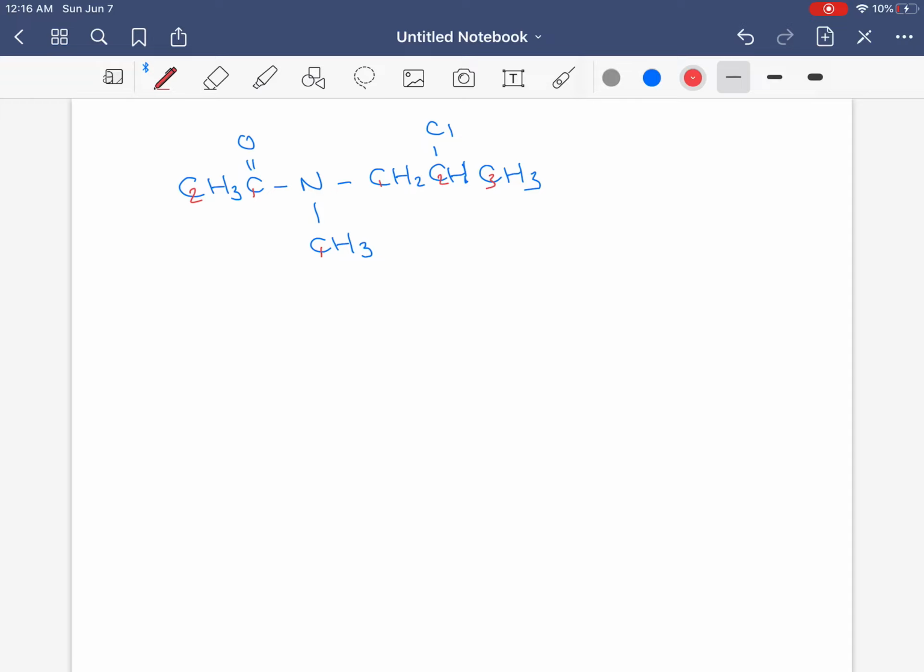So, let's name this. Okay. What are you going to name first? Because what you're doing is that you're treating this as a methyl. Okay? You're treating this as a propyl. Alphabetical order now talks. P and M. M comes before P. So you would write here N-methyl.